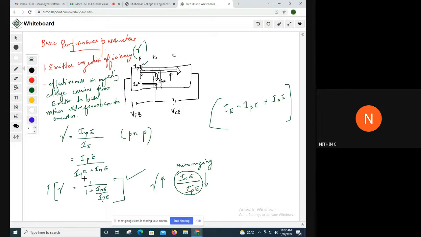Then we represented it by dividing both numerator and denominator by IP, and you got the final expression like this. So in order to increase this value you need to minimize this ratio INE by IP, in order to get a maximum gamma value or emitter injection efficiency value. Okay, shall we move to the next?